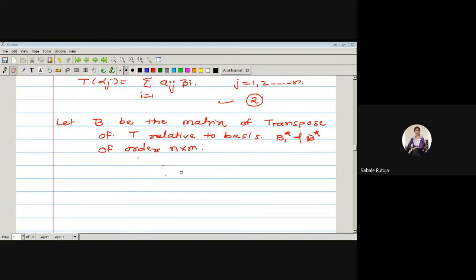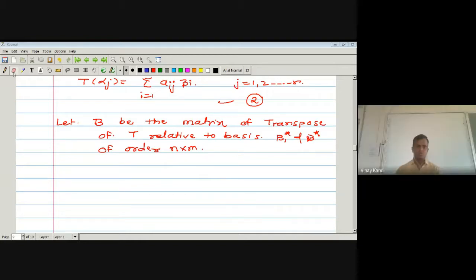Okay, so let B be the matrix of transformation of T transpose relative to the basis beta 1 star and beta star.